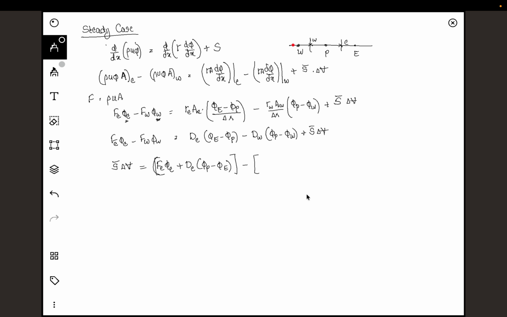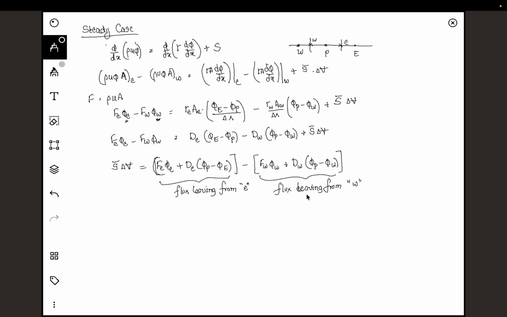so this is the net flux that is leaving from the east face, minus the net flux that is leaving from the west face, which is Fw phi w plus d w times phi P minus phi W. This is the flux leaving from the E face. Because the west flux has a negative sign, I kept a minus here.